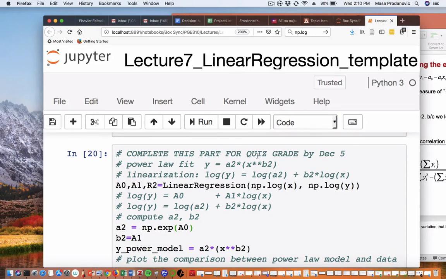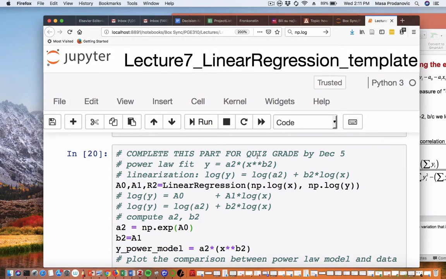So I can compute them, and when I do, I can find a2 by taking the exponential of A0, because log of a2 is A0, and b2 is simply A1. So with that, my power law model based on data x is a2 times x to the b2, right?